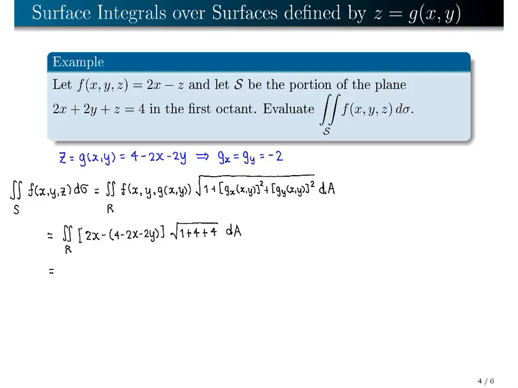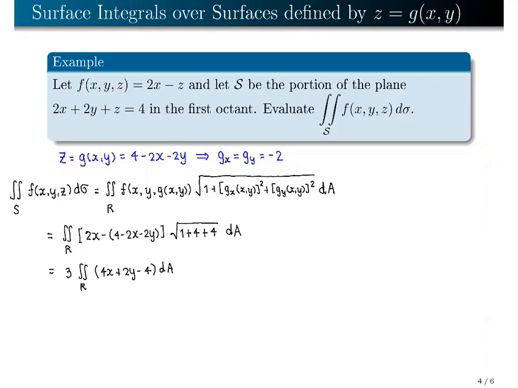We now have 3 times the double integral over the region R of, simplifying the integrand, we get 4x plus 2y minus 4 dA. In order to write this double integral as an iterated integral, we now need to identify region R. Recall that R is the region over which the surface S described by z equals g of x, y is defined.